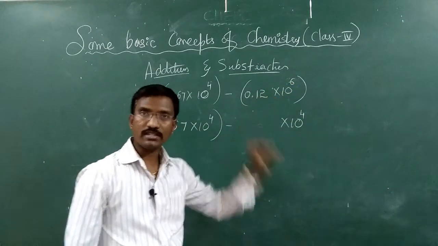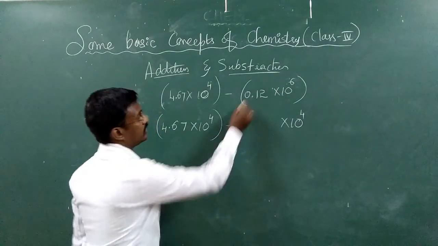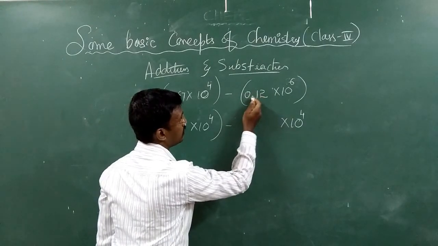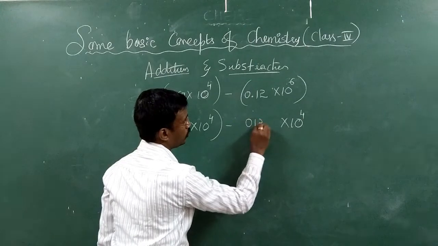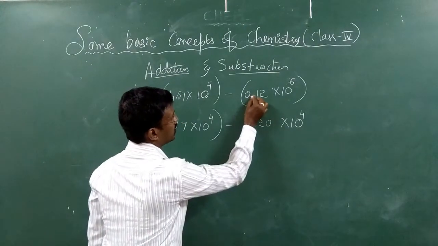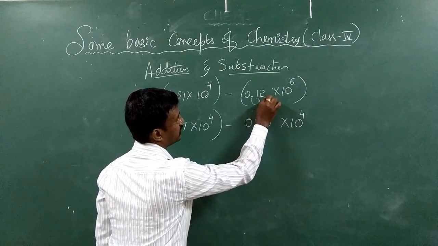If the power is decreased, we have to increase this value. The decimal point is here, so to increase this we have to shift this decimal to the right side: 0, 1, 2, again 0 is there. You just think like that. If we want to increase this number, the decimal point will shift to the right side by 2.